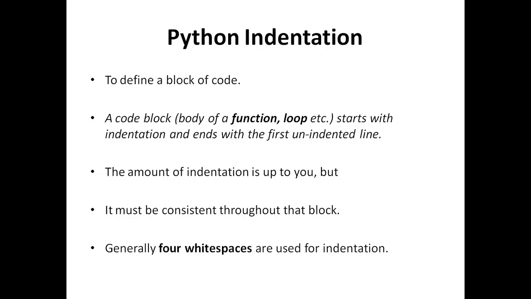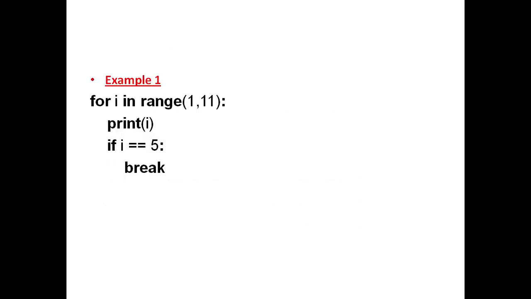So let's have a look at the block of code. Here the example is a for loop, so don't worry about the syntax of this for loop and if statement. I have written a for loop, and it has basically 3 statements inside it.